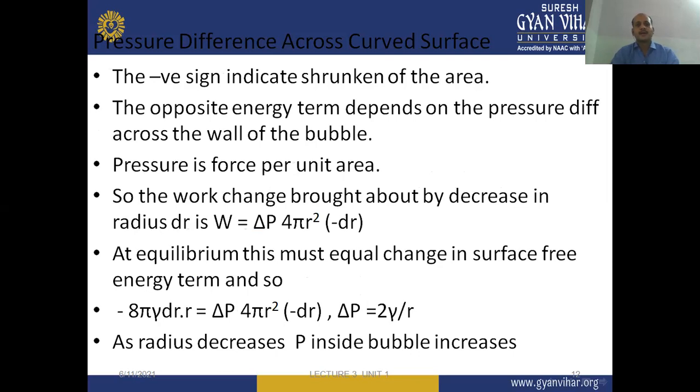So the work change brought about by the decrease in radius dr is W equal to delta P multiplied by 4 pi r square multiplied with minus dr. So 4 pi r square is the area and delta P is the pressure difference inside and outside of the soap bubble.